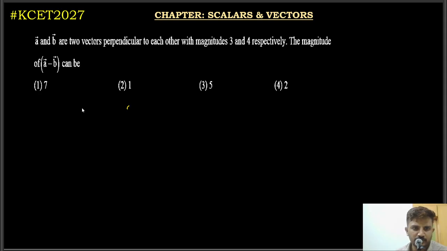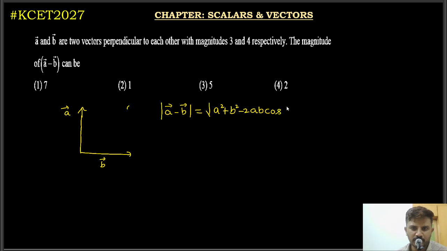So if I consider two vectors, this is A and B, which are perpendicular to each other, the magnitude of A minus B is square root of A square plus B square minus 2AB cos theta. Theta is 90 degree.